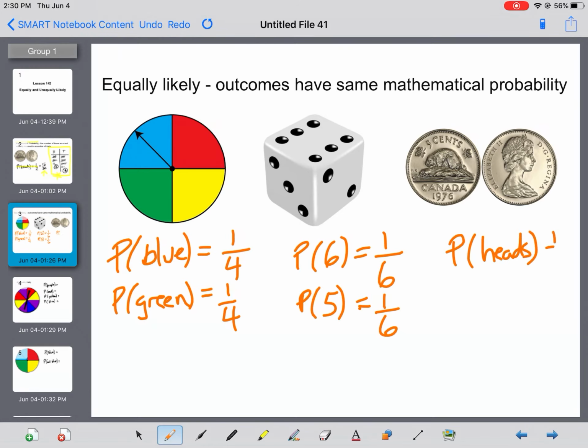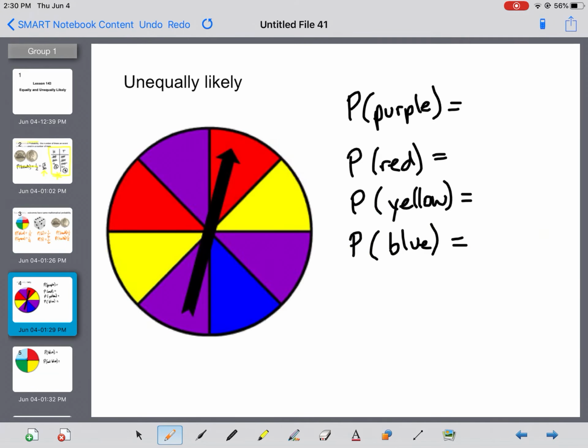Probability for heads is 1/2, and the probability for tails, oops, an extra L, is also 1/2. Okay, so these are scenarios where all of your outcomes have the same mathematical probability. They're all equally likely.